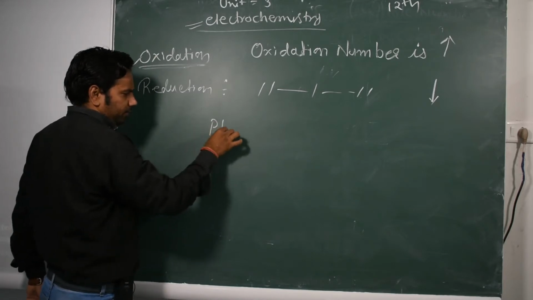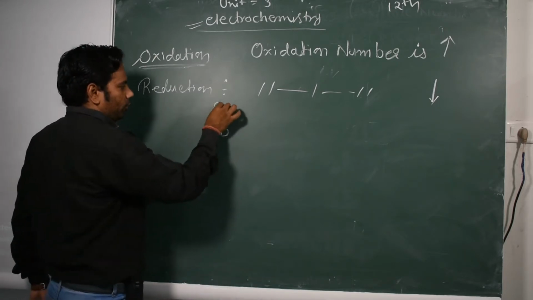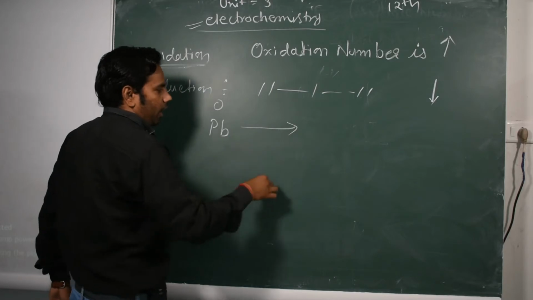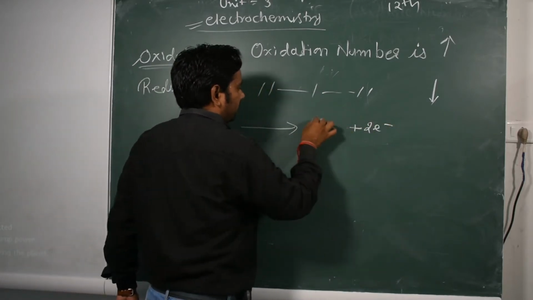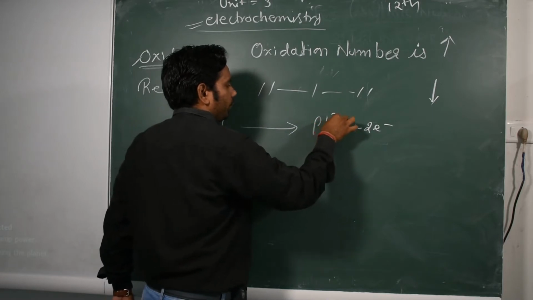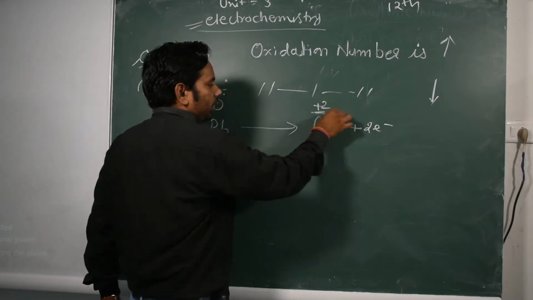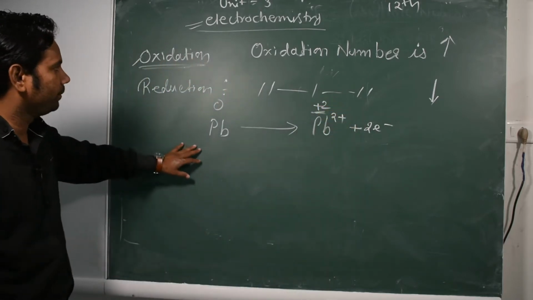Let me give some examples. Here Pb has oxidation number 0, but after some time it releases 2 electrons and converts into Pb2 plus. Now its oxidation number is plus 2. What happened here?